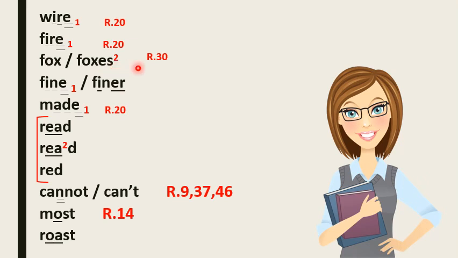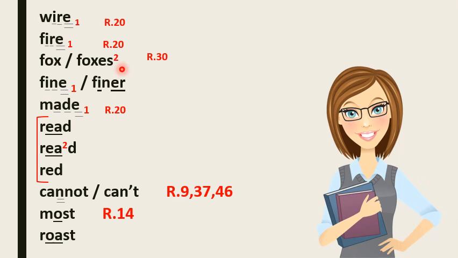Remember, you gotta differentiate between Rule 29 and Rule 30. Rule 29 says when you have a plural noun that ends with S, when you have S at the end. But Rule 30 says when you have a plural noun that ends with ES, okay? When you have ES at the end. You have to differentiate between them, okay? You gotta know the difference.